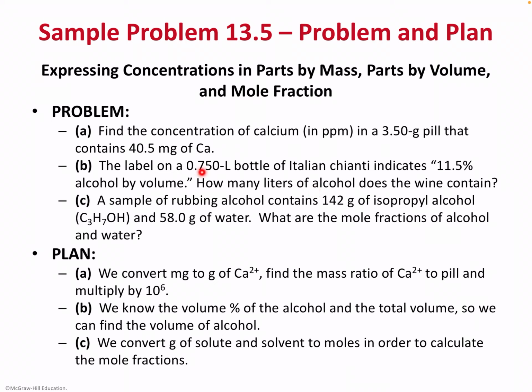The label on a 0.750 liter bottle. So the size of the bottle is 0.750 liters and 11.5% is alcohol by volume. How many liters of alcohol does the wine contain? So how do we perform this one? We know the volume percentage is given to us, which is 11.5%. We also know the total volume, 0.750. So we can find the volume of alcohol.